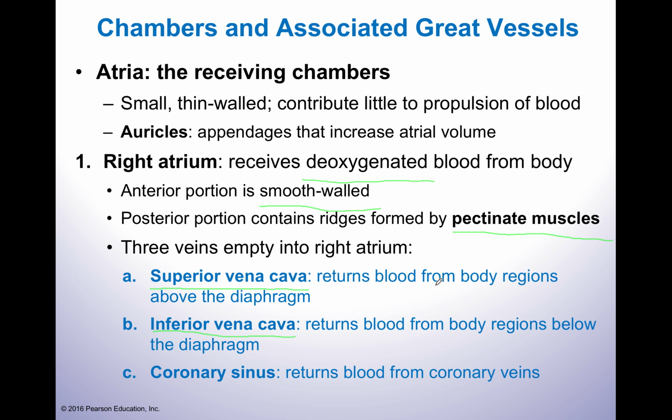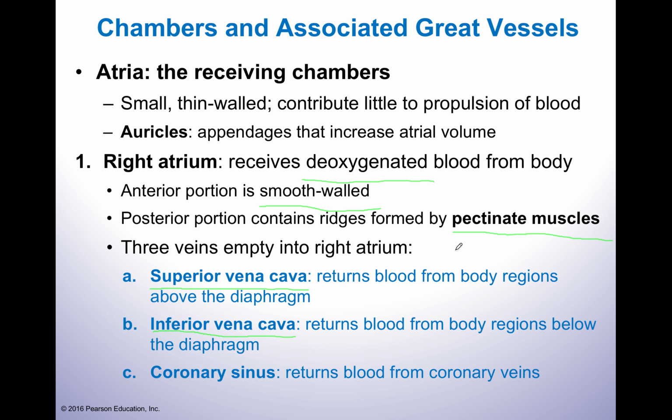The superior returns blood from body regions above the heart, which implies your neck, your head, and your upper arms. It also includes part of your thoracic cavity. The inferior vena cava returns blood from anything below your diaphragm, which includes your abdominal cavity and your two lower limbs.